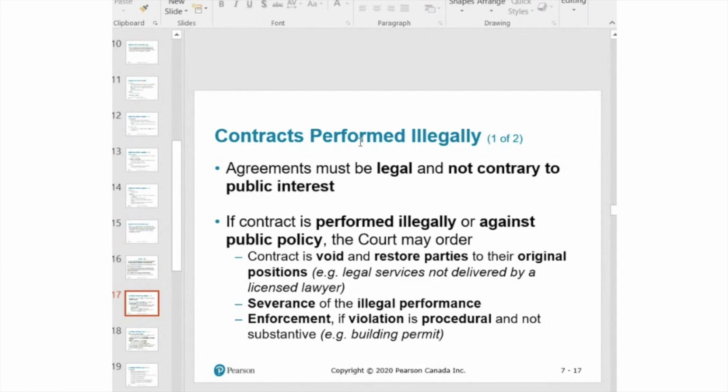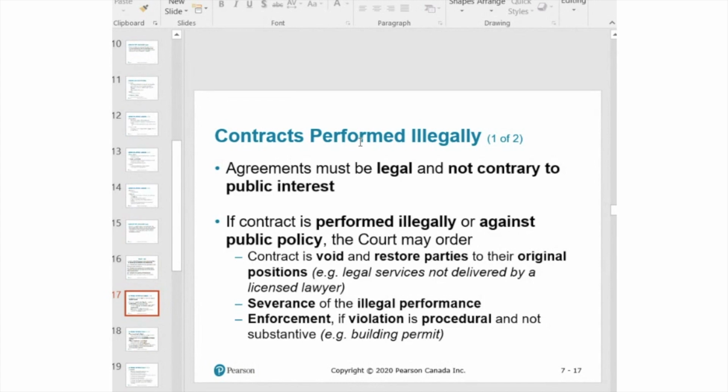The other situation is if the illegality in performance is only procedural, usually minor. The best example here is construction. You have your land and you hire a construction company to build your house. The construction company starts building your house, but they haven't acquired a building permit yet. But they will. It's just taking some time.